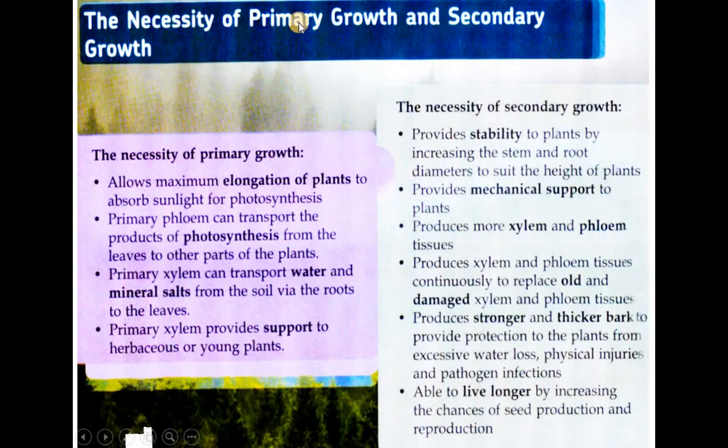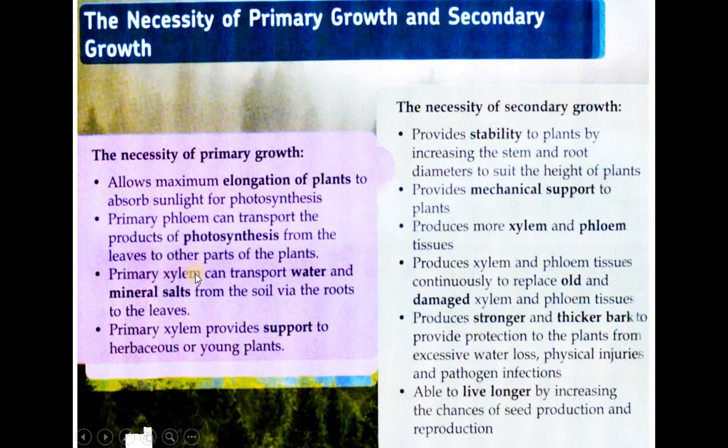Now, the necessity of primary growth and secondary growth. Necessity refers to the importance. Primary growth allows maximum elongation of plants to absorb sunlight for photosynthesis. In other words, it allows the plant to grow taller to absorb sunlight for photosynthesis. Primary phloem can transport the products of photosynthesis from the leaf to other parts of the plant.